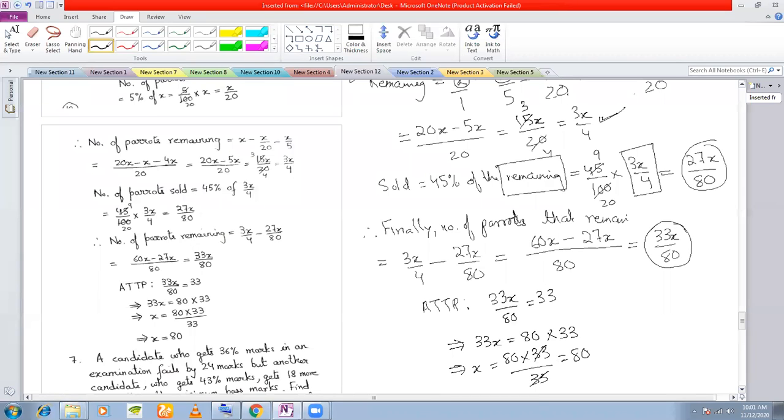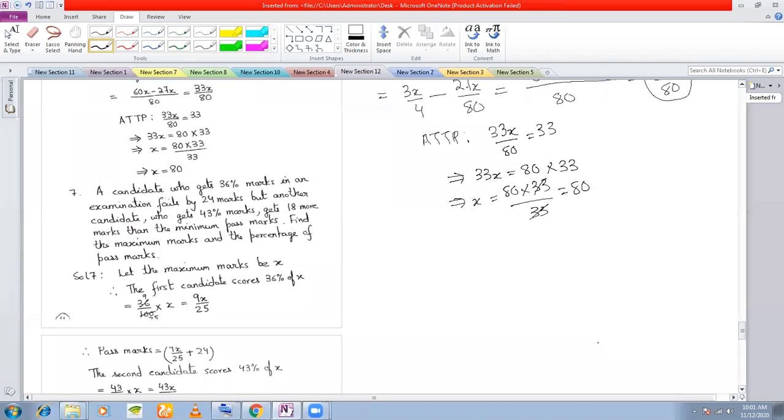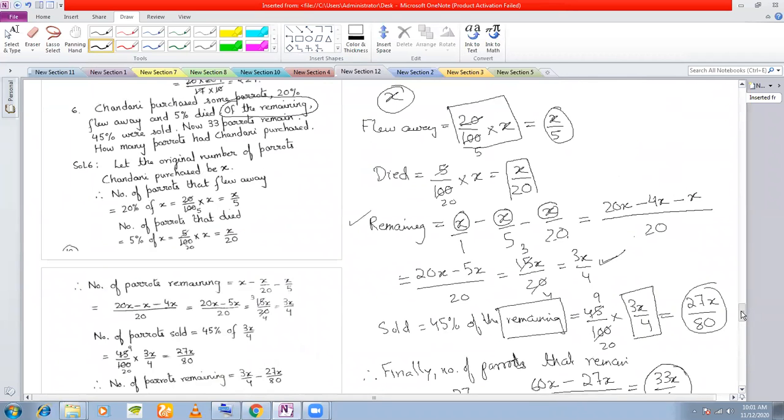These two cancel, you get 80. So x is equal to 80. That means x is the number of parrots that were purchased initially. Okay, that was what the question was. The question here was find the number of parrots that had been purchased.